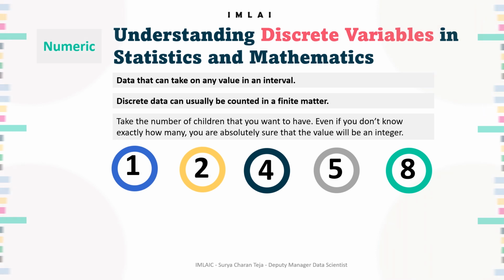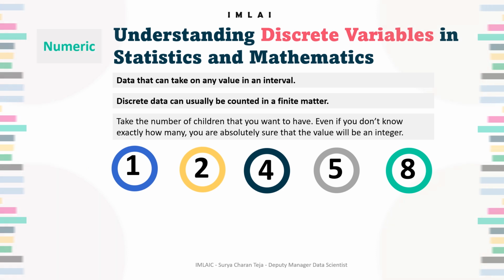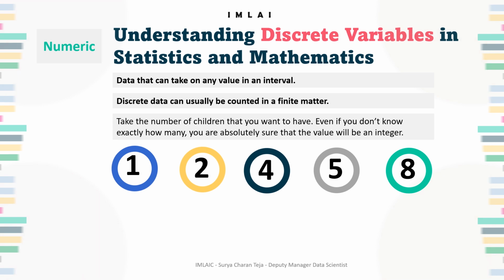Another instance is grades on the SAT exam. You may get 1000, 1560, 1570, 2400. What is important for a variable to be defined as discrete is that you can imagine each member of the data set.